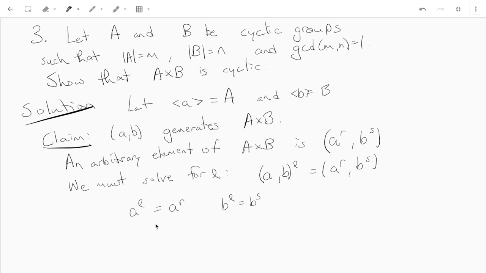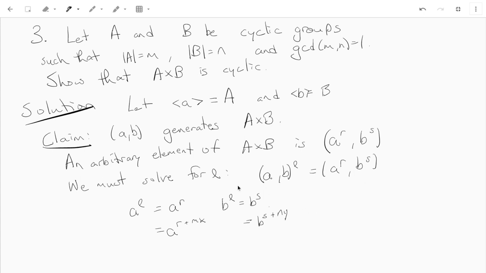And that might seem hard, but remember that we can rewrite this a to the R, just remembering that a to the M is the identity, as a to the R plus MX. And we could rewrite this as b to the S plus NY.